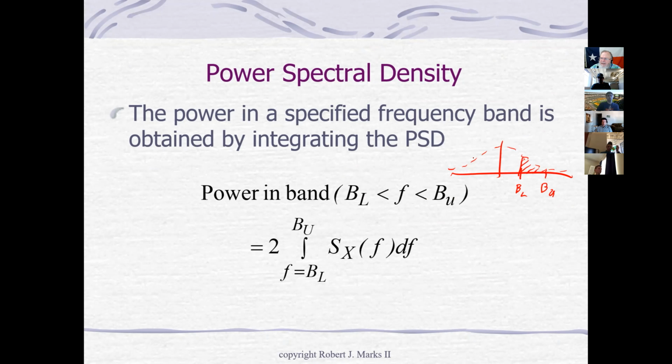But again, you have to do the negative frequencies, so you also have to take this mirror image, but this area is going to be exactly the same as this area, so it's simply twice the upper positive frequency value, so it's twice this integral. And so that's how you find the power in a specific frequency band.